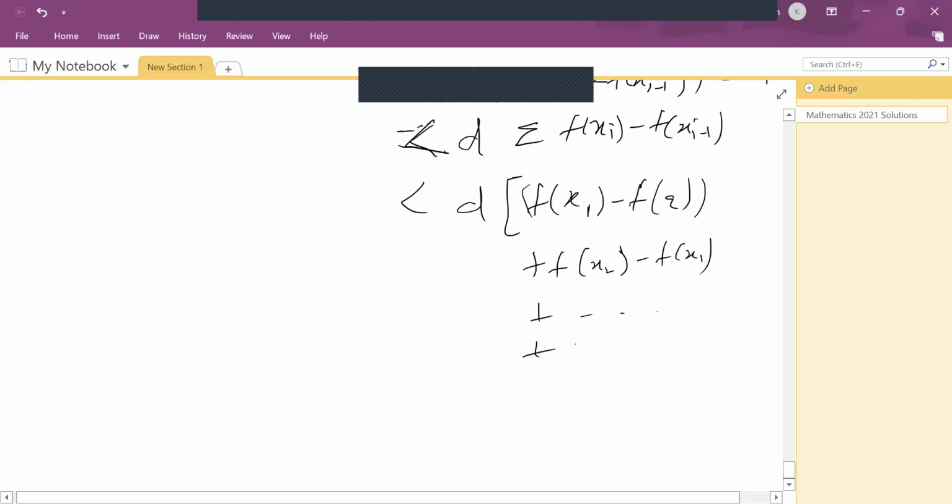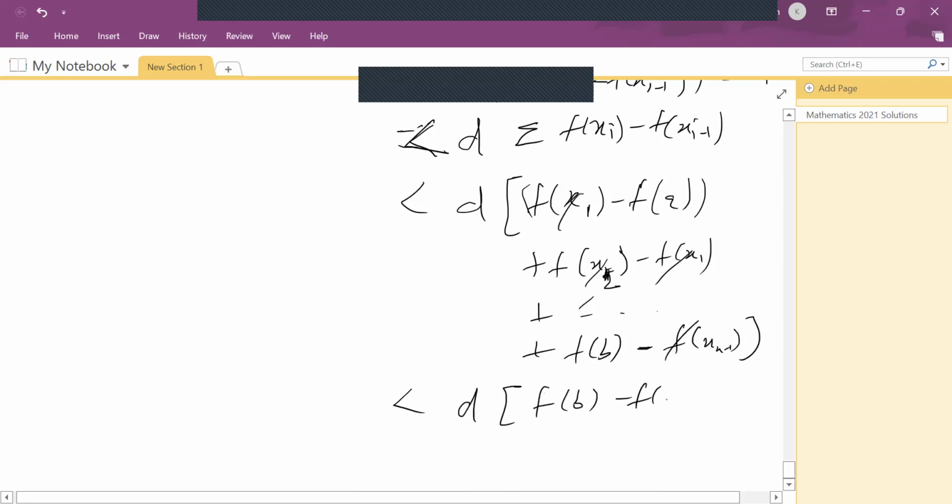Likewise it will go on, and in the end you will get f(b) minus f(x(n-1)). All these will cancel out, everything will cancel out. So you will get less than d into f(b) minus f(a).